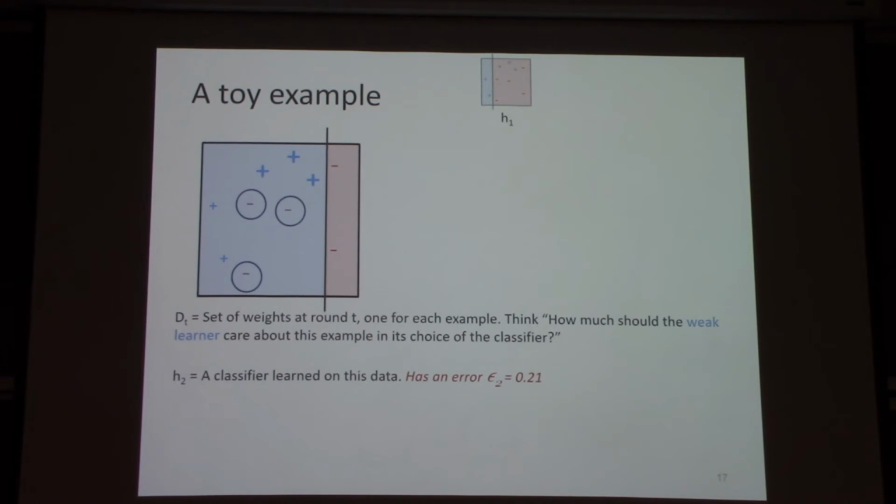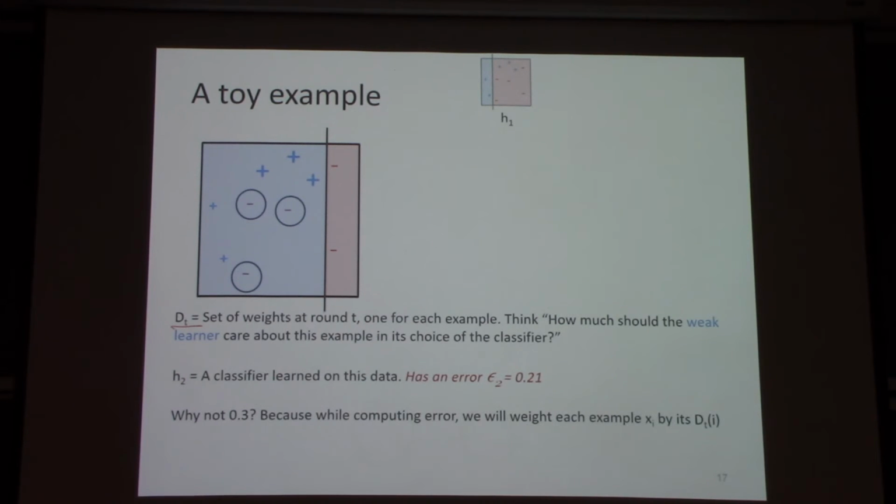If all the examples contributed equally to the error, then the error is 0.3. But the 3 examples where you made a mistake were less important examples. So the error is a weighted average using the current set of weights. That make sense? So while computing error, you need to weight each example by its importance.